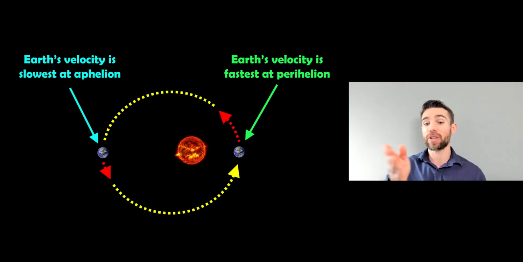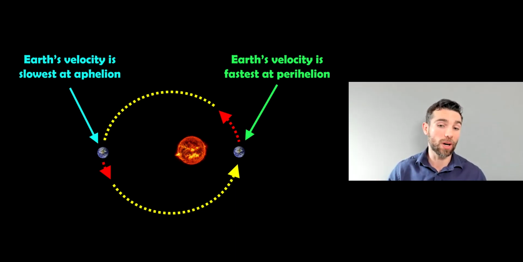So on its orbit, it's moving at its slowest point when it's at the furthest away. And when it gets closest, the perihelion, its velocity is fastest, and this is because the gravitational force between the two is greater, so the Earth speeds up so it doesn't fall into the Sun, basically. That comes from Kepler's laws as well. So it's important to note this velocity difference on the elliptical orbit as well.